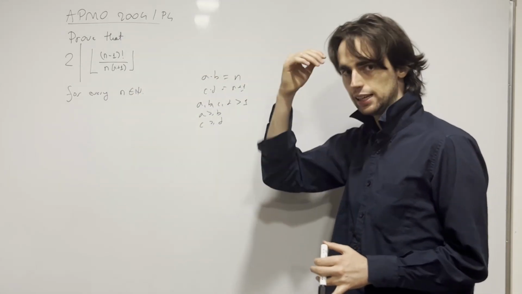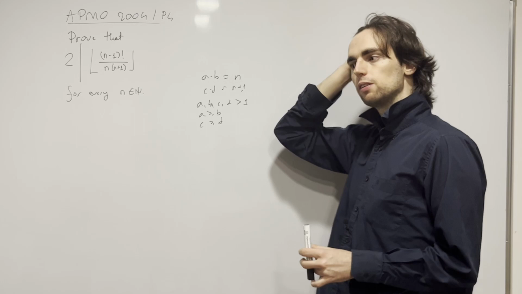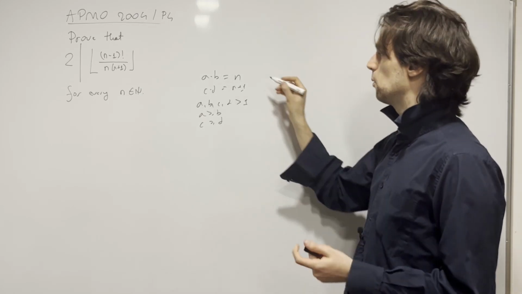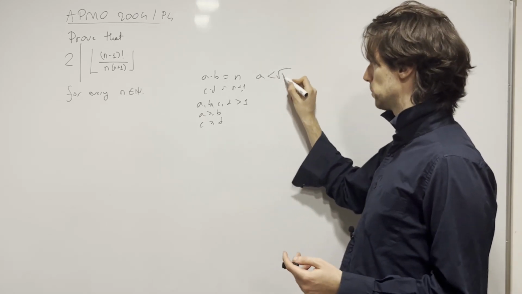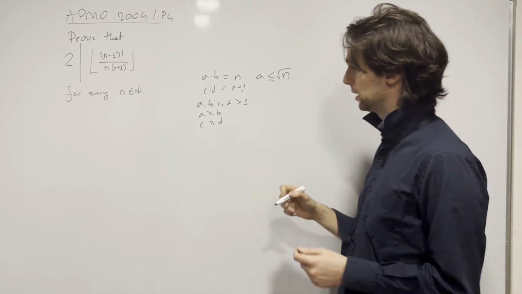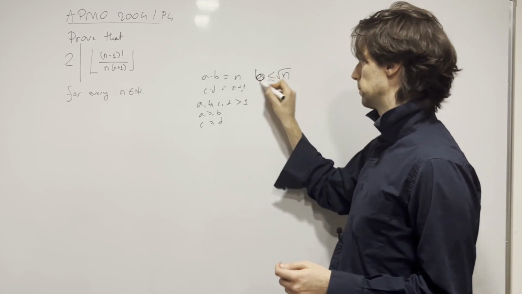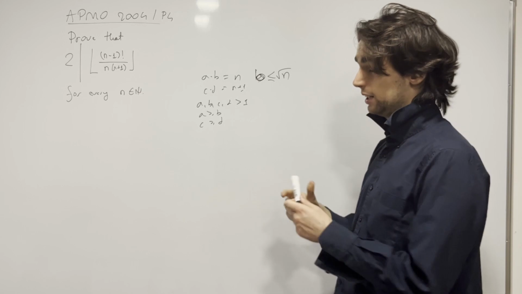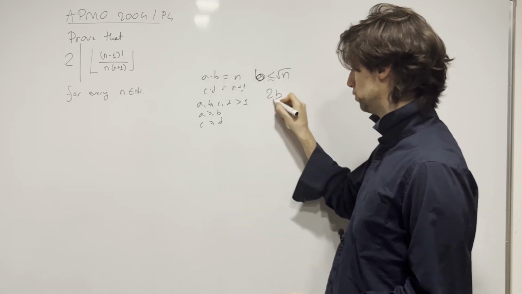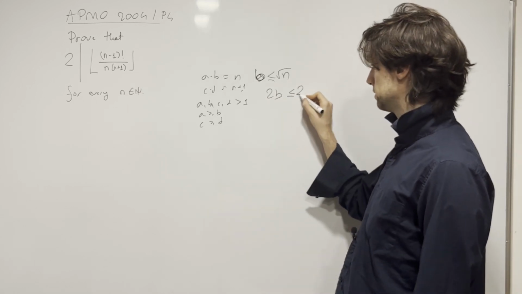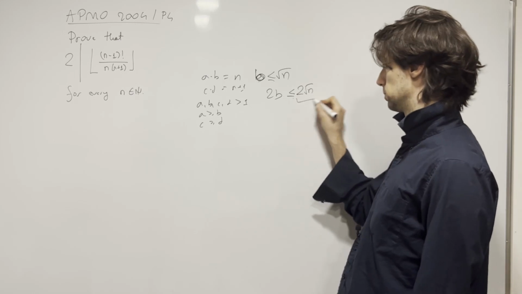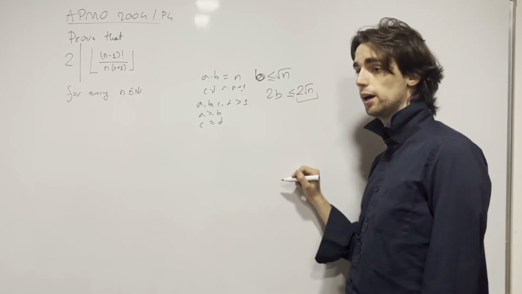Basically the first couple of cases where we're not sure about 2n plus 1. Now b is less than or equal to the square root of n. Now to make sure that 2b shows up, we need this to be less than or equal to the square root of 2n.